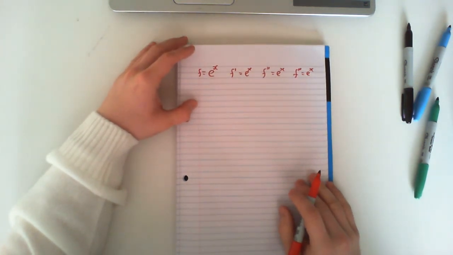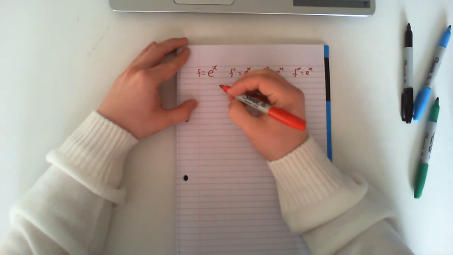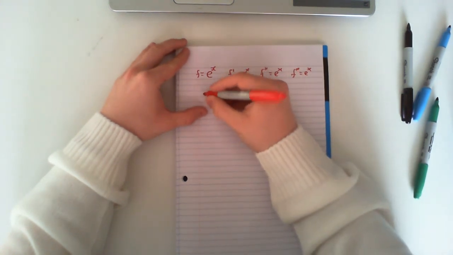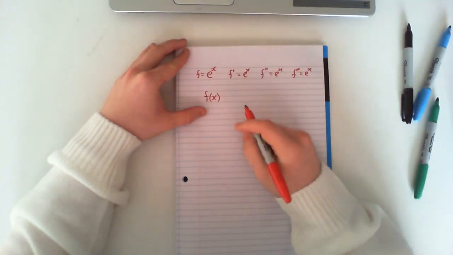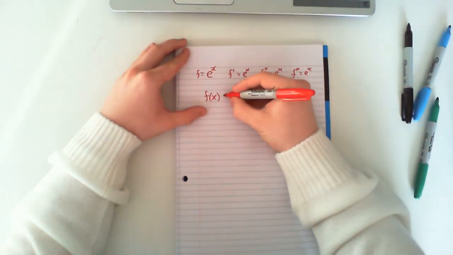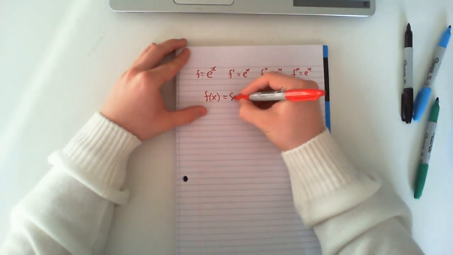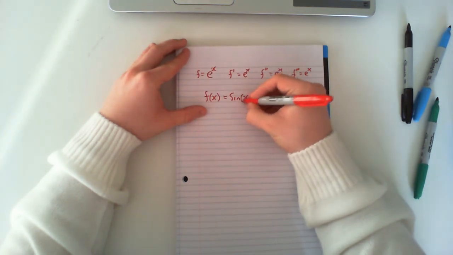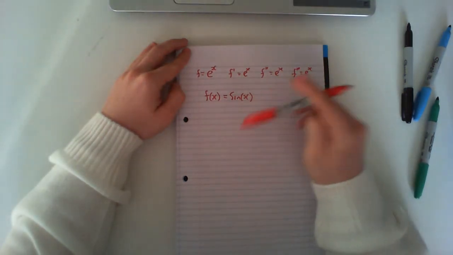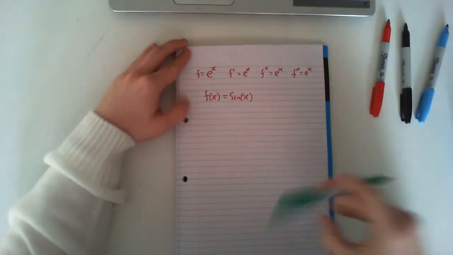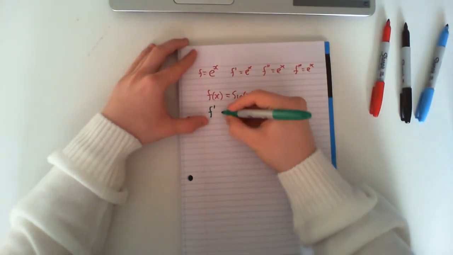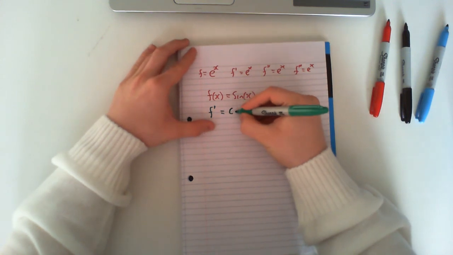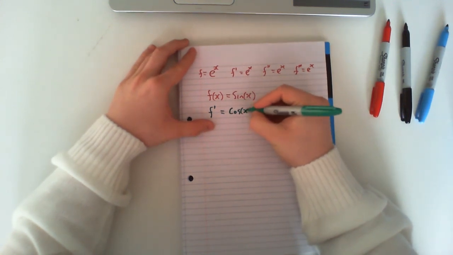And we'll have a look at one last example, which is our function of x. Again, if it's just f, it's just our function of x. We've already got that in there, it doesn't really matter. And we're going to say this is equal to sine x. Now, as you know, we take the derivative of sine x, so our first, f prime, is equal to cos x.